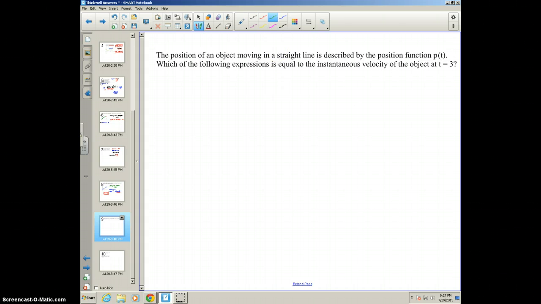And with limits, we have a special theorem that is given to us by Professor Berger, but for those just doing these problems, the theorem is simply: as delta t approaches 0, we have the limit of p of a plus delta t minus p of a, over delta t.